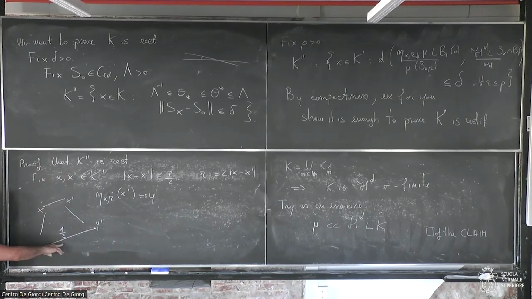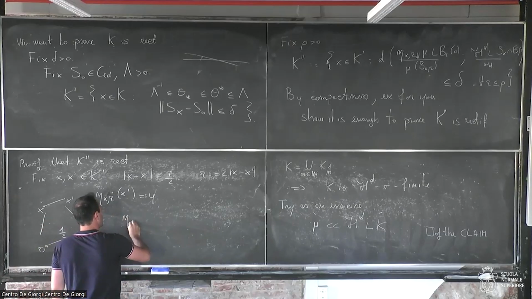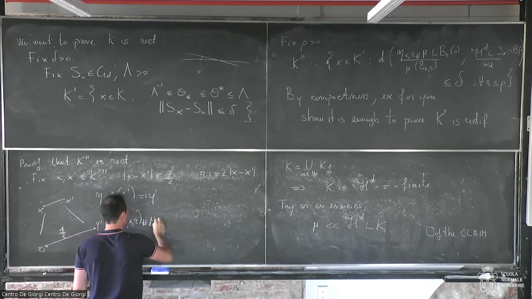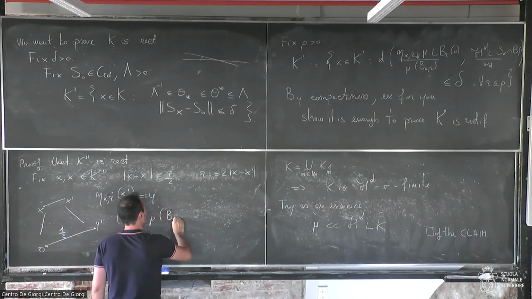So how do I show this? Well, this is where we recall that eta x r push forward mu in a ball B(y, s).